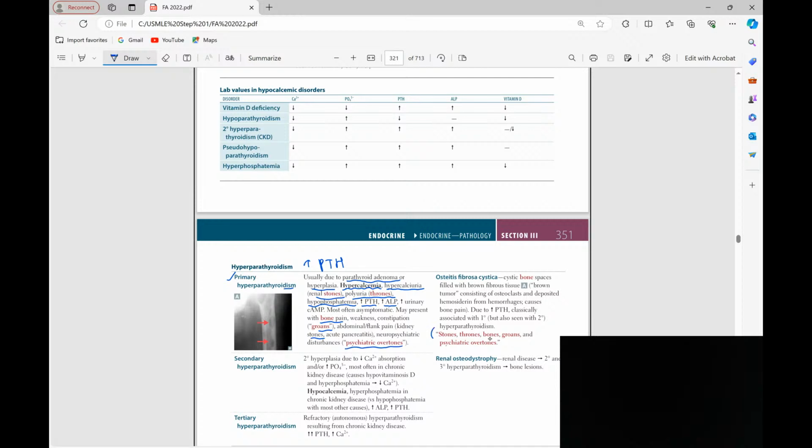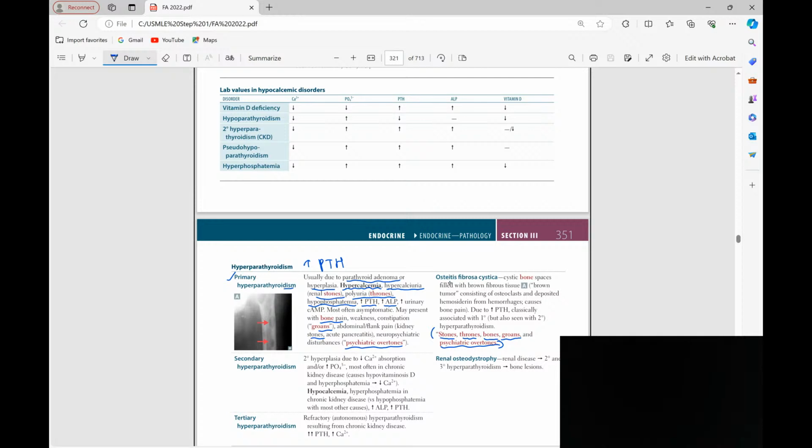So this is the mnemonic of hypercalcemia or hyperparathyroidism: stones, bones, groans, and psychiatric overtones. Stones means kidney stones; in the bone there will be bone pain; abdominal pain, groans; and neuropsychiatric disturbance, also known as psychiatric overtones.